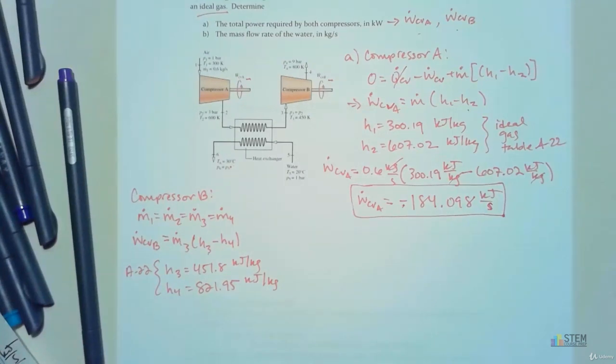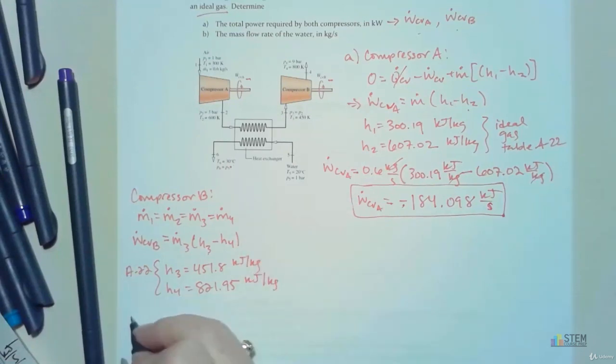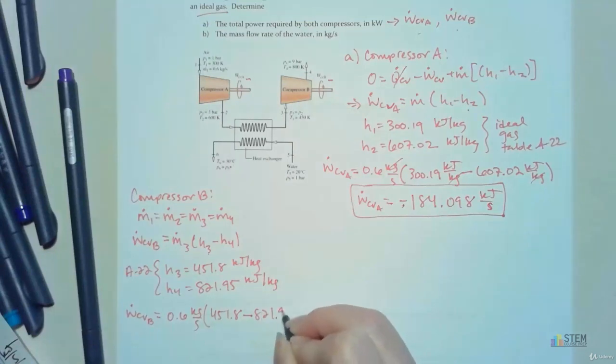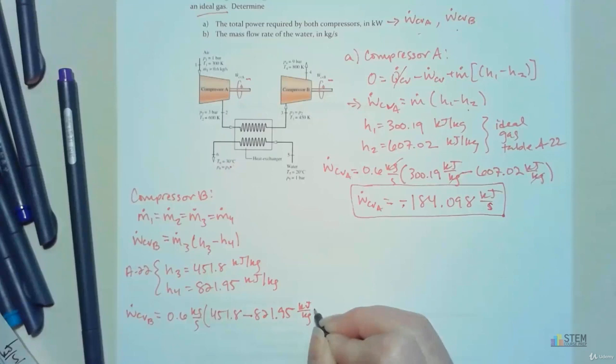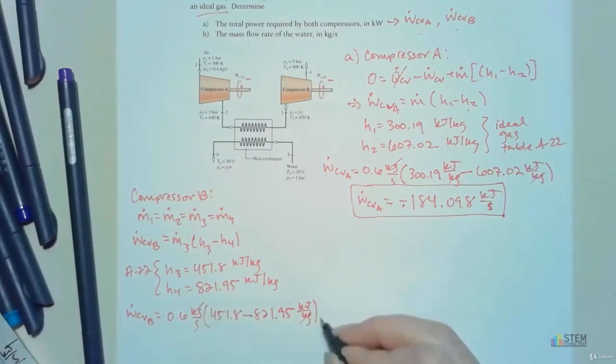Now we got our values. Let's go ahead and plug them into this equation here. The total power required by compressor B is going to be 0.6 kilograms per second times 451.8 minus 821.95 kilojoules per kilogram. Notice kilograms go away.